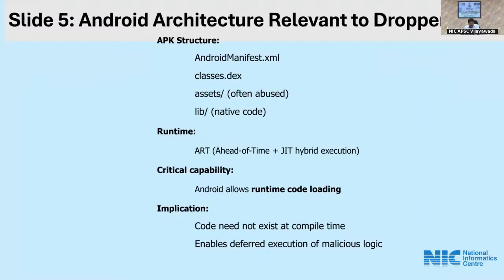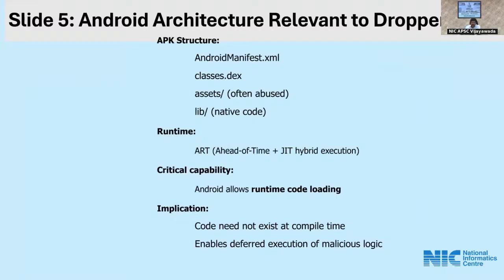So here is how a dropper uses this feature. The app first downloads a DEX file from a remote server. It saves it to a location like data, com.example.app, and saves it as payload.dex. This is the usual behavior of all droppers.